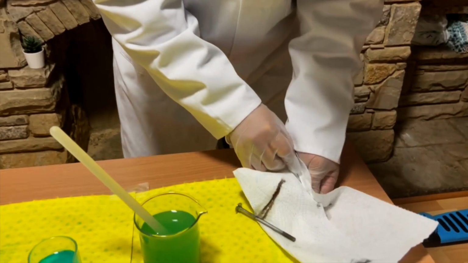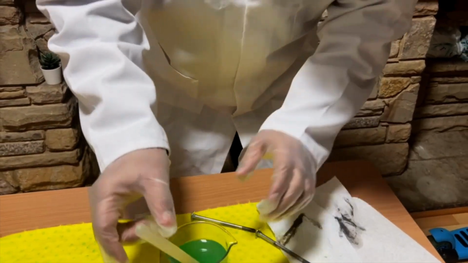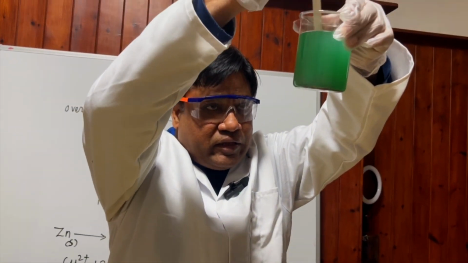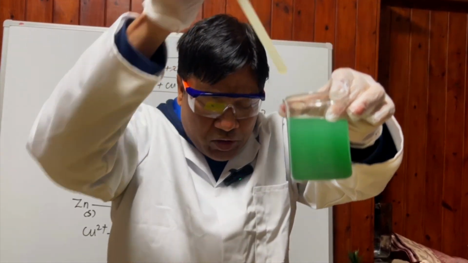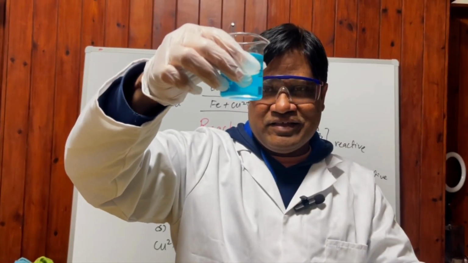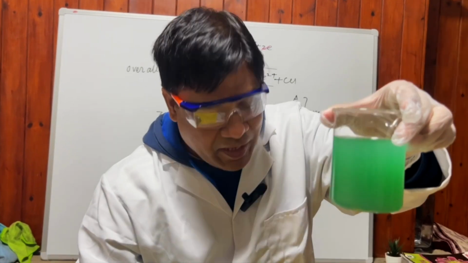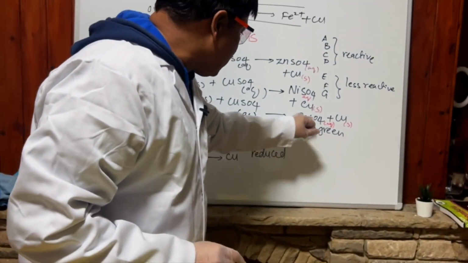There was no oxidation of the iron, and the copper gets deposited on the nail, and you can easily see the bits of copper in the solution. And look at the blue color solution, very nice. This aquamarine blue solution becomes a light pale solution.